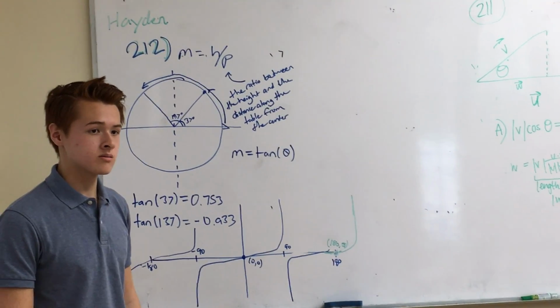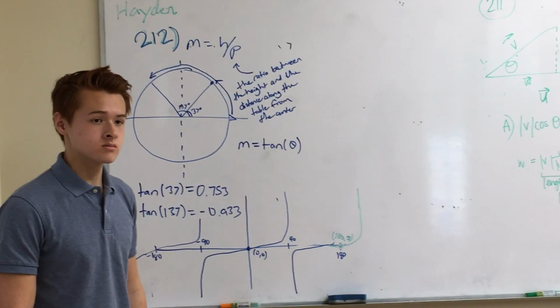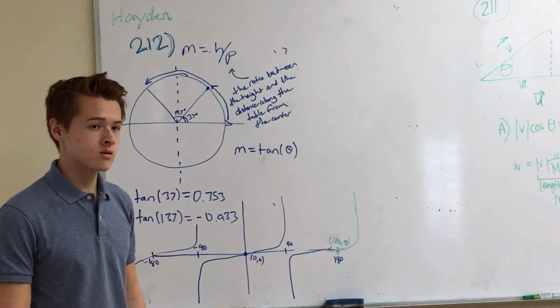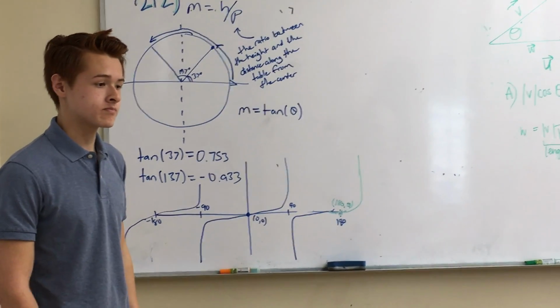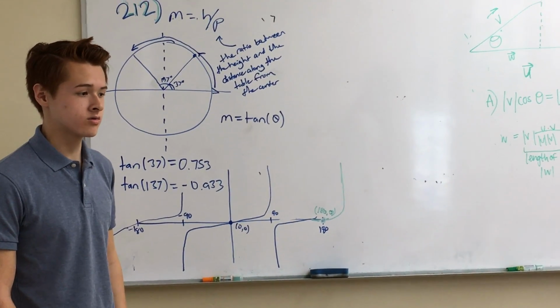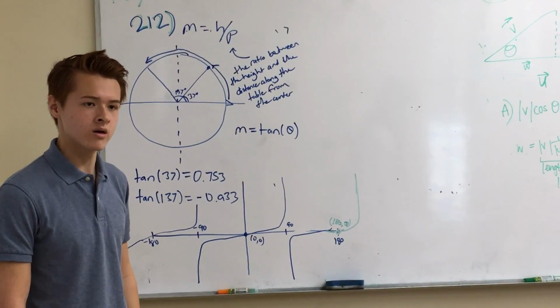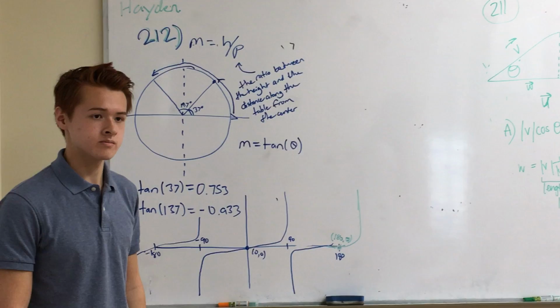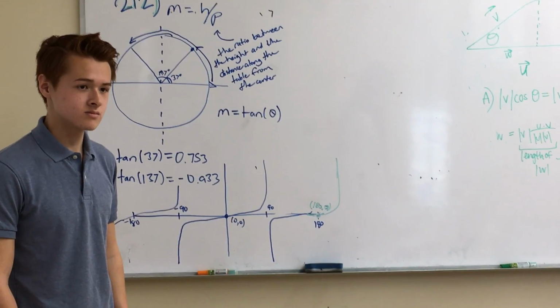So what would the tangent of 90 degrees be, if such a thing were to exist? It would be sine of 90 degrees over cosine of 90 degrees.